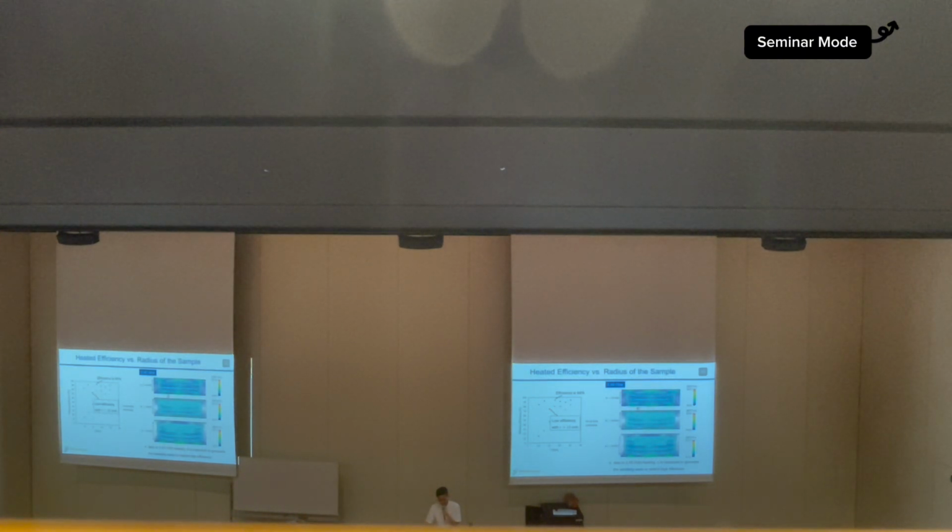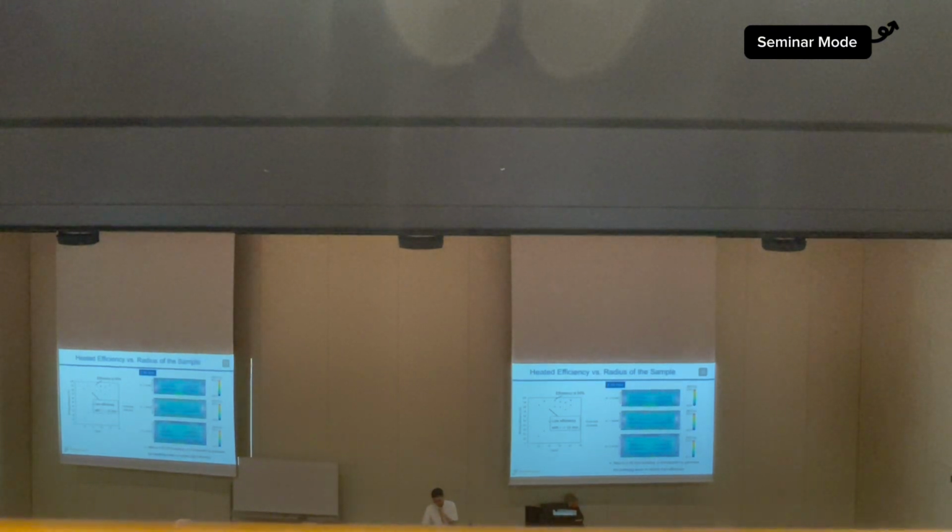Briefly, why does this happen? At this point and at this higher efficiency point, a standing wave of E fields is generated in the sample, but only at this point with lower efficiency, a standing wave is not generated.